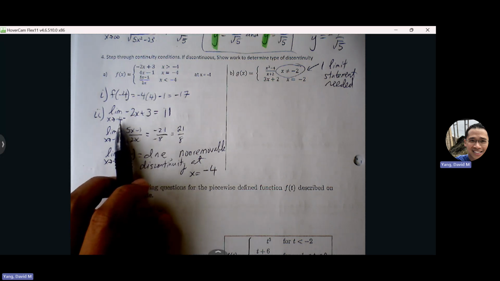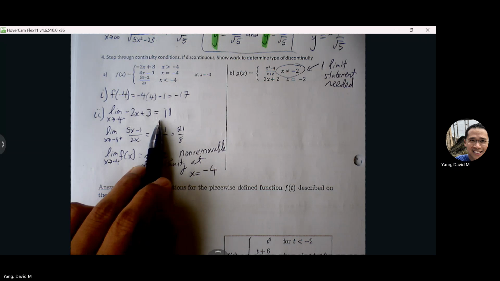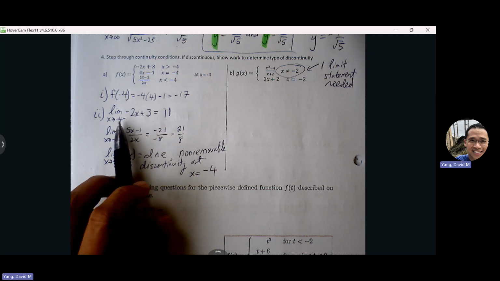So we always do direct substitution first, right? -4 in for x. So negative times negative is positive, and 8 plus 3 is 11. Yeah, I made a mistake on my key. I think I read that as +4, and that made my answer -5 on my key.